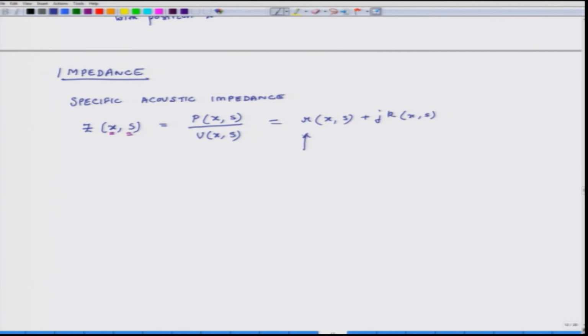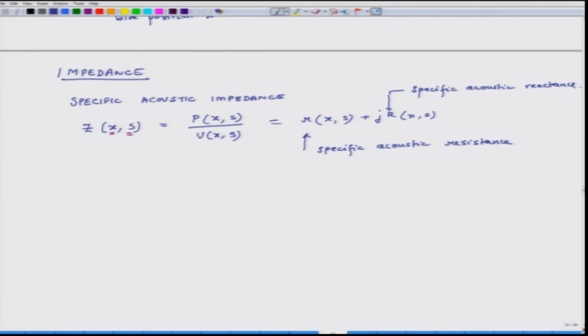So, this x is known as specific acoustic reactance, and r is another function, and it is specific acoustic resistance.